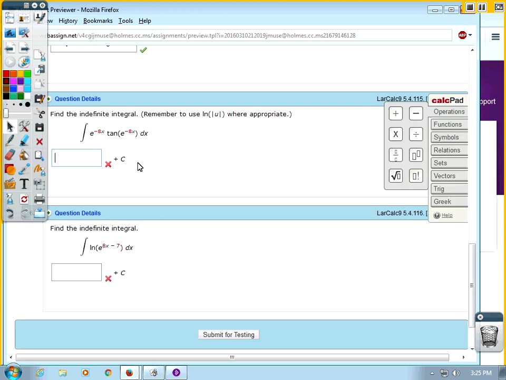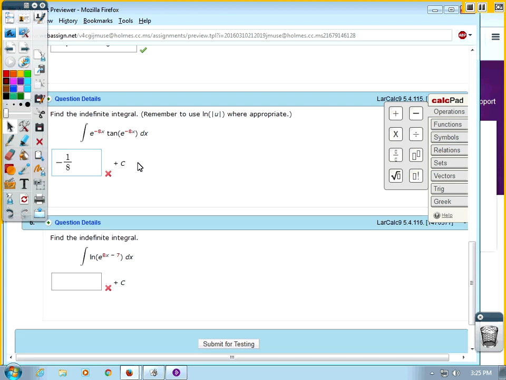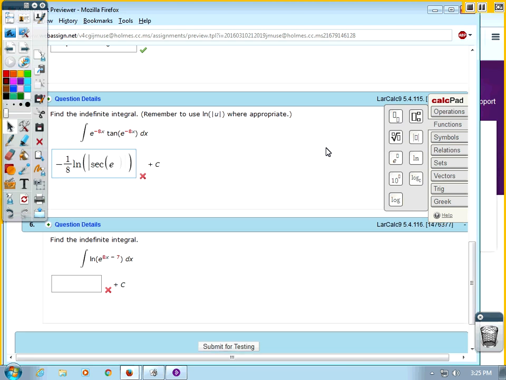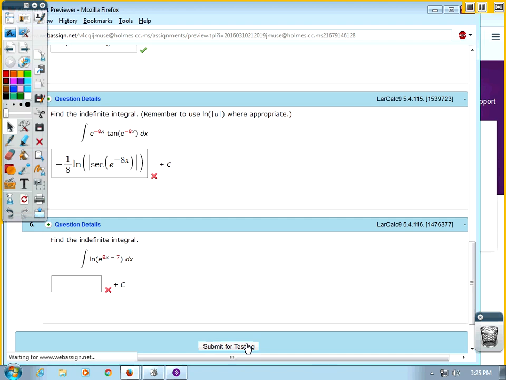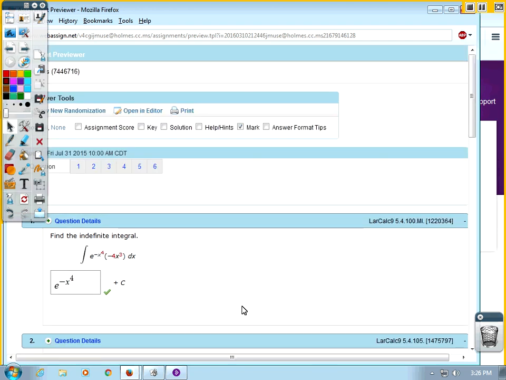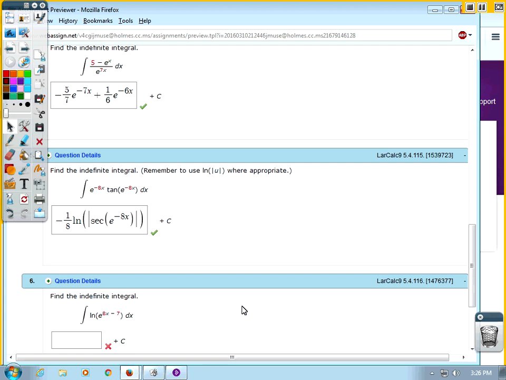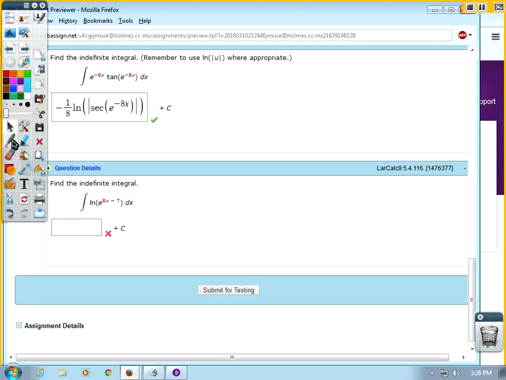Okay, so let me erase that. Negative 1/8 ln, absolute value, don't forget that, secant of e to the negative 8x, close parentheses. I hate how that absolute value is still grayed out, but I think it darkened once I clicked submit. All right, so that was correct.